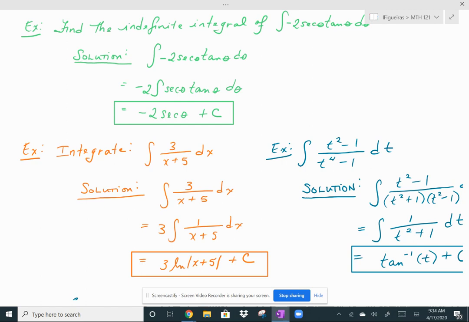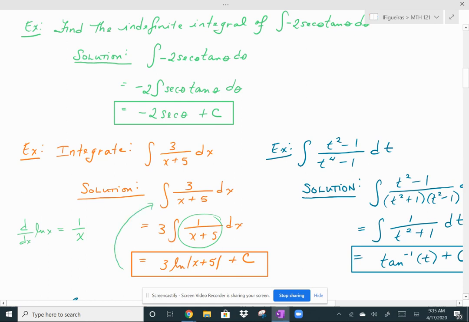But hopefully you remember that the derivative of your natural log function is 1 over x. And this kind of looks like that. So the antiderivative is 3 natural log of the absolute value of x plus 5 plus c. So if you were to take the derivative of this, you would get back to where we started.